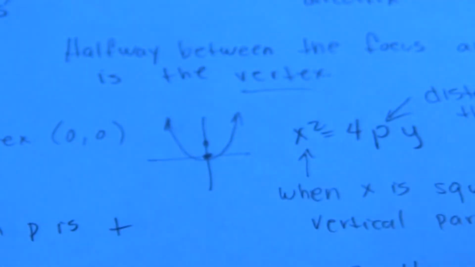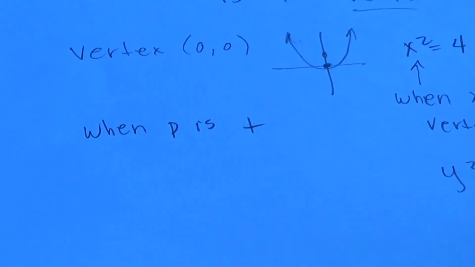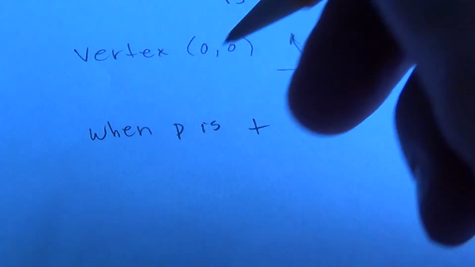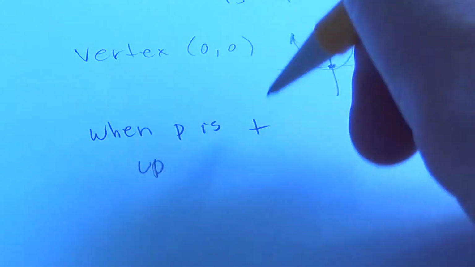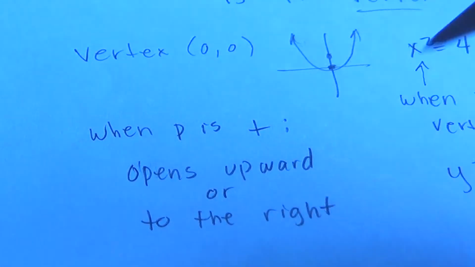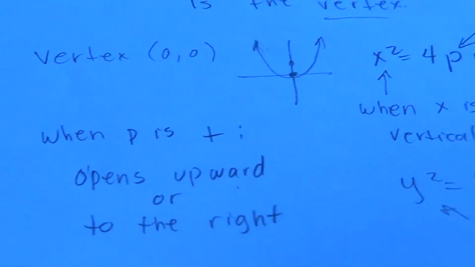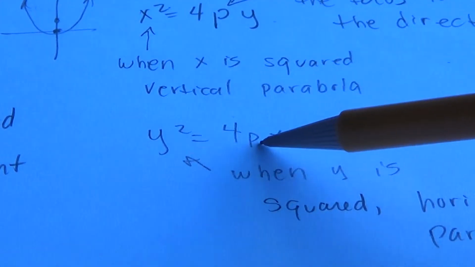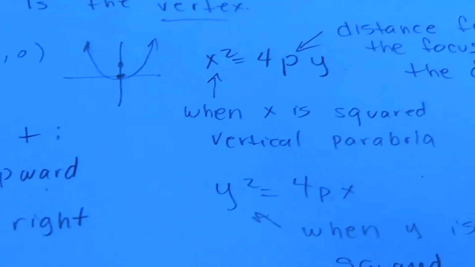So when p is positive, I went over this, but I didn't write it down, so let's get it in our notebook. When p is positive, the parabola opens upward or to the right. And now we know how to tell which of these it is by whether the x term is squared or the y term is squared.